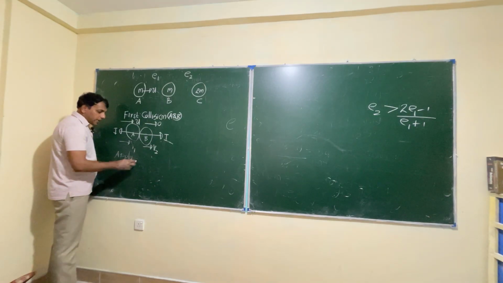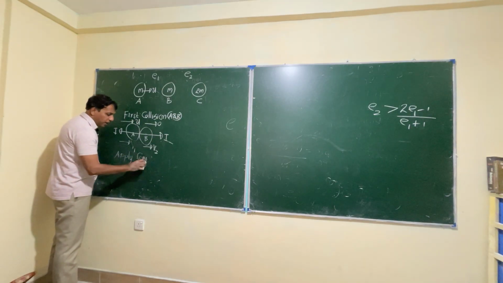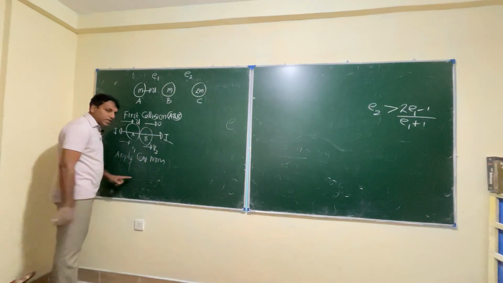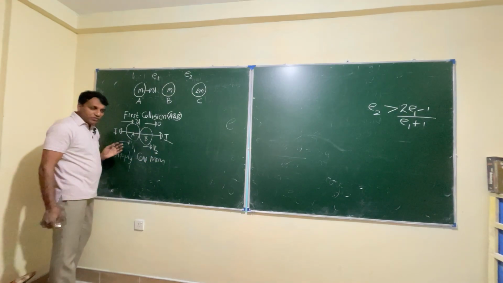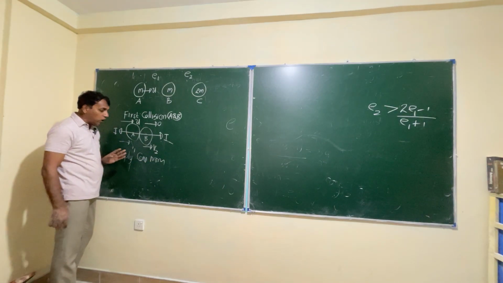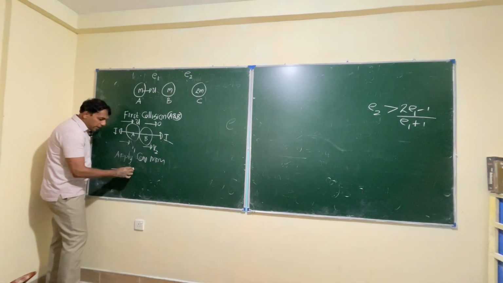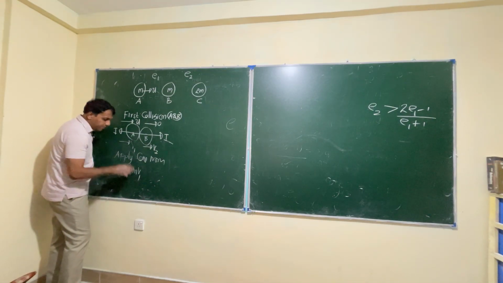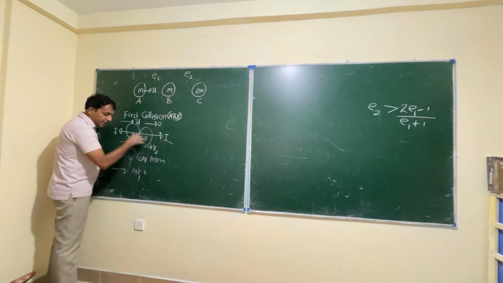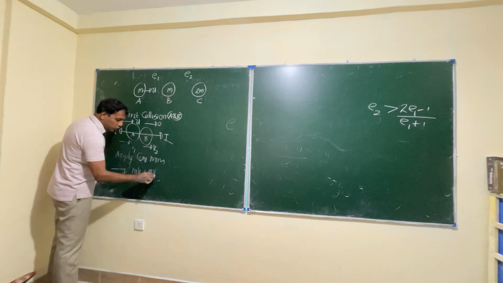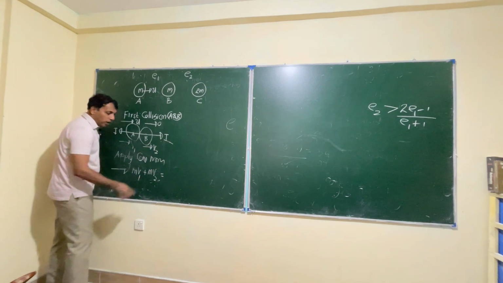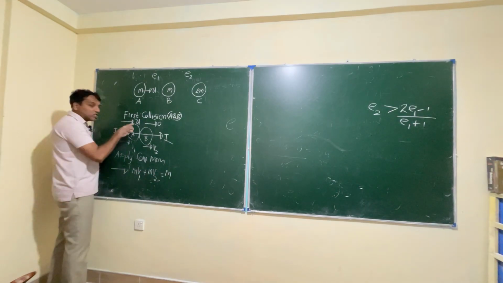So apply conservation of momentum. What is it? Final momentum equals initial momentum. Along that direction, mass into v1 plus mass into v2 equals, initially, mass into u.